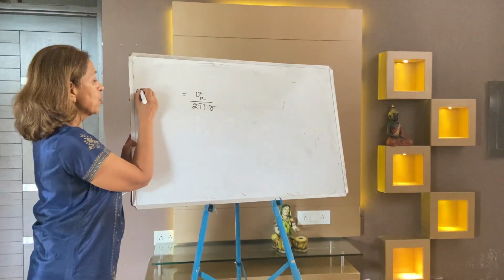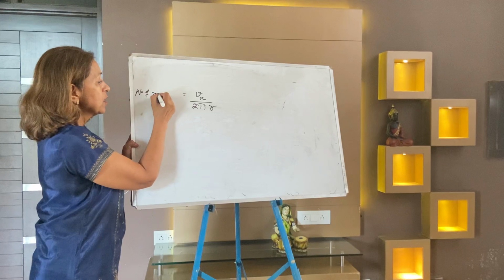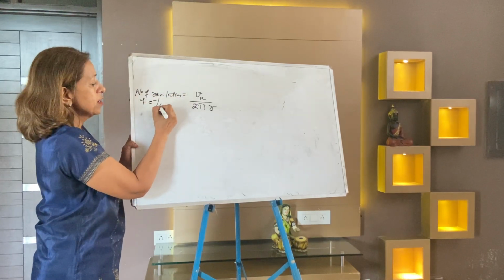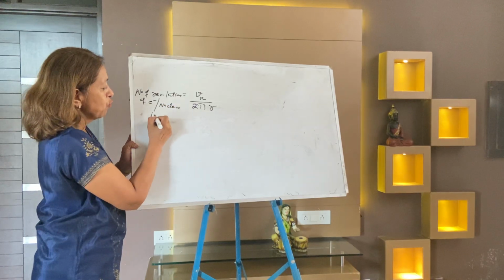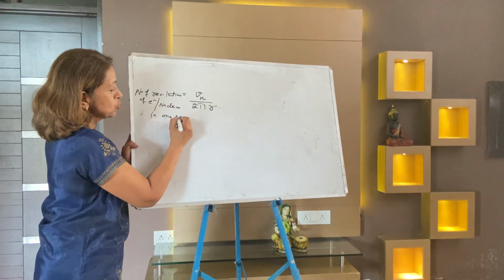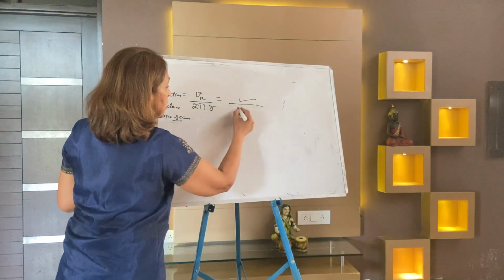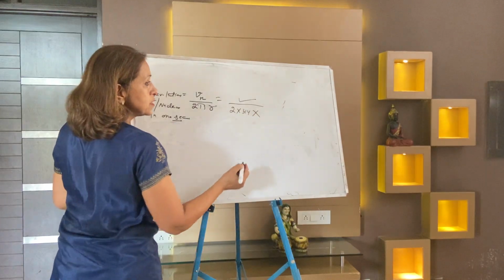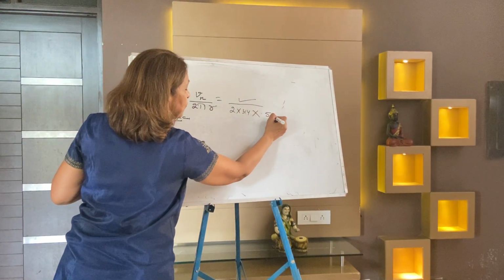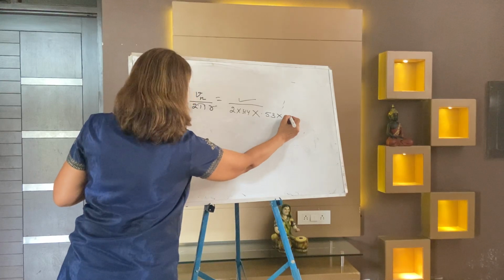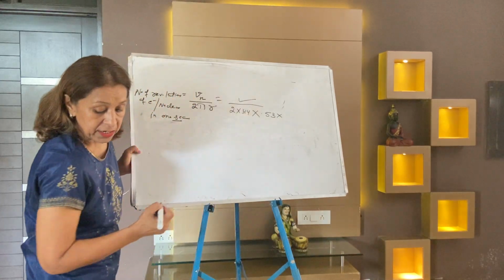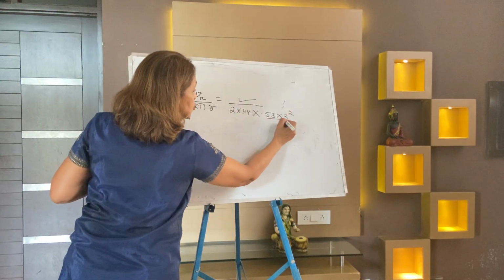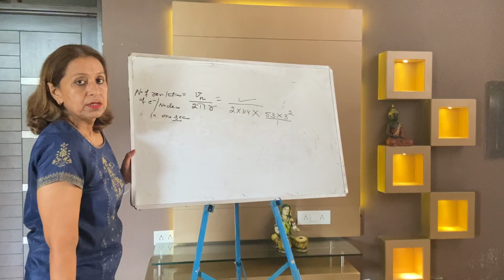So this is the number of rotations of the electron around the nucleus in 1 second. You calculate the velocity and put it here: 2 into 3.14, and the radius again by applying 0.53 into n square by z. The third orbit, so n is 3, and z is 1 for hydrogen.